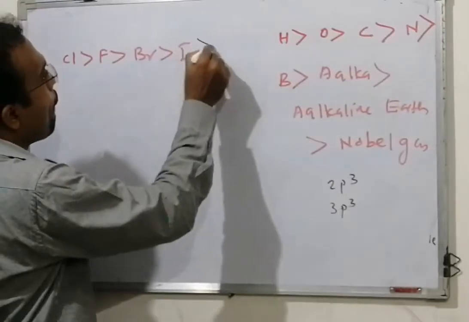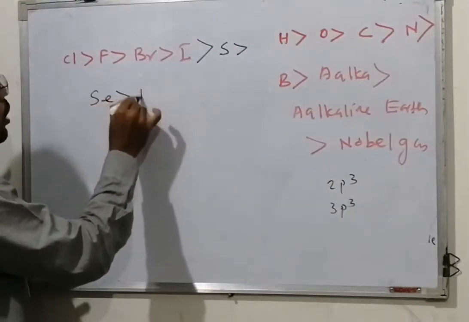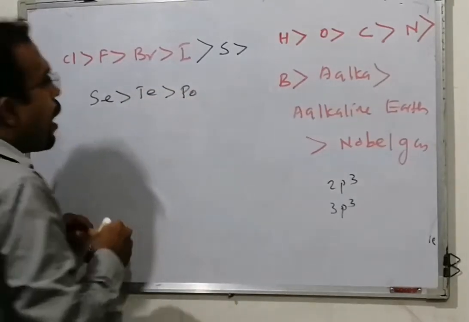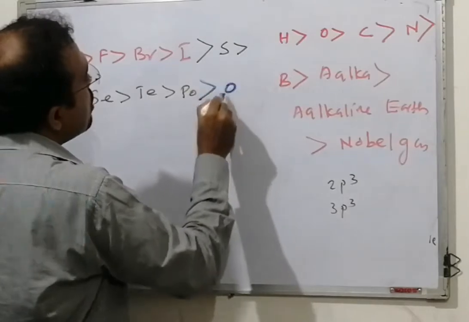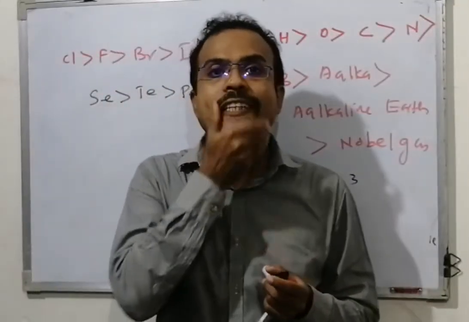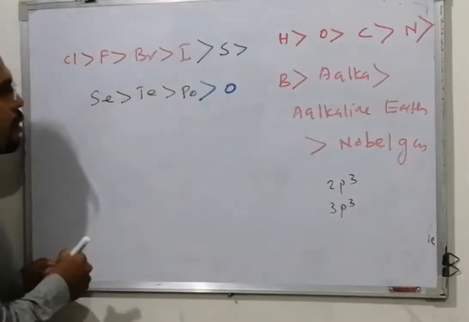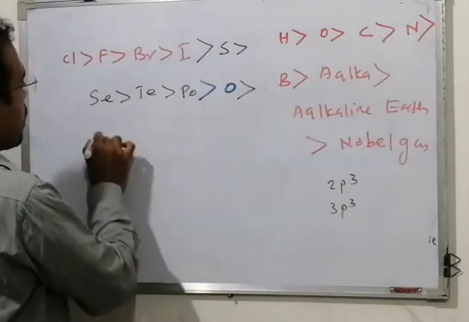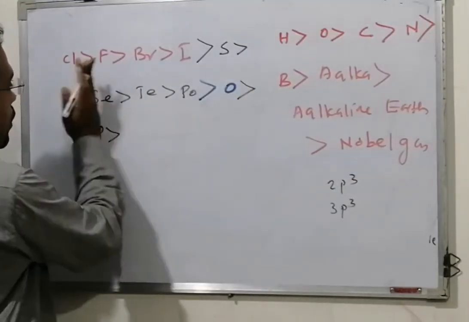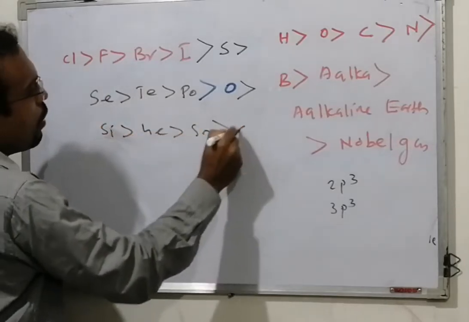Oxygen family: most is sulfur, then selenium, then tellurium, then polonium. My dear students, among the oxygen family, the lowest is oxygen. Yes, it goes on. Now the carbon family: phosphorus, silicon, germanium, tin, then only carbon.